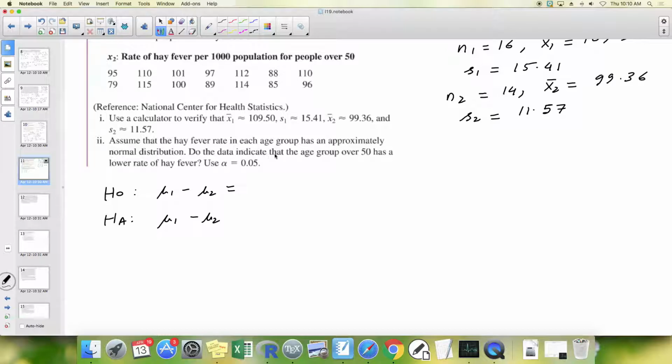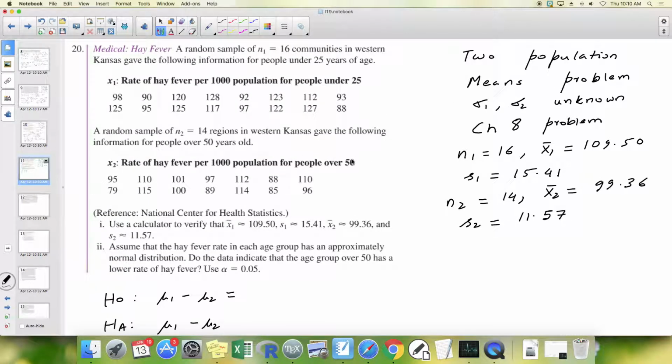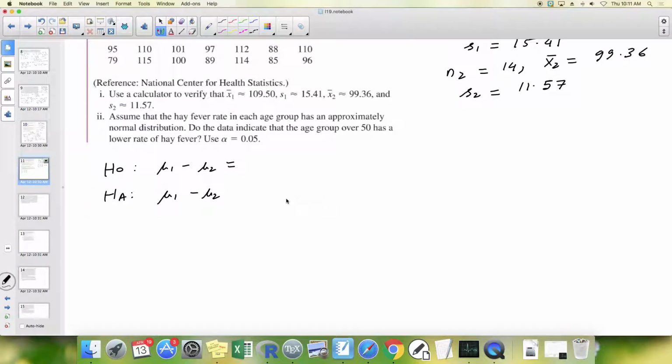Do the data indicate that age group over 50 has a lower rate of hay fever? Age group over 50 is group number 2. So they're asking if group number 2 is smaller. That means if mu2 is smaller. If mu2 is smaller, that means mu1 minus mu2 is bigger than 0. Alright, so step 1 done.